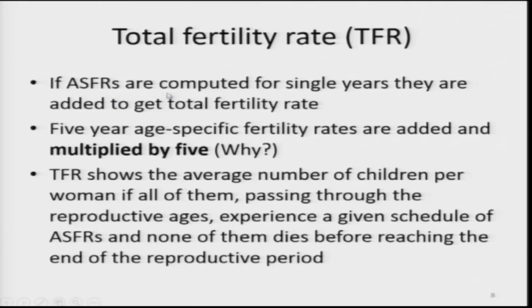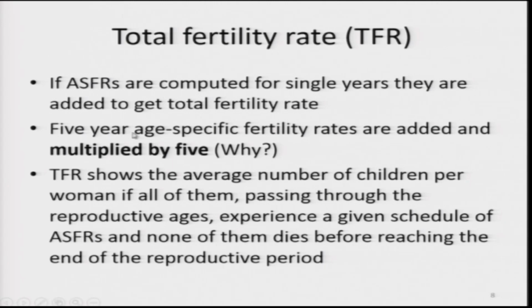Now, if age specific fertility rates are computed for single years, they are added to get the total fertility rate. If you calculate age specific fertility rates for single years and add them up, then you get the total fertility rate.